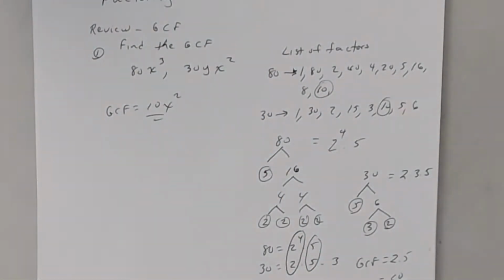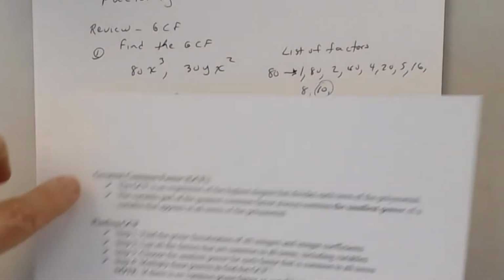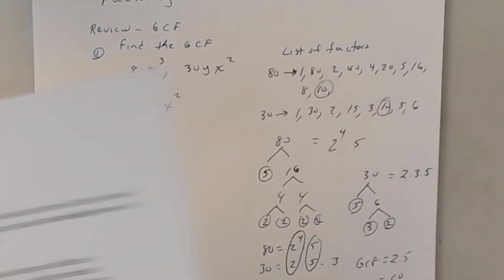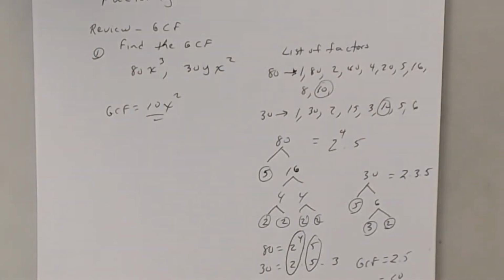So if you look at that handout I gave you at the top where it says greatest common factor. It says this, the GCF is an expression of the highest degree that divides each term of the polynomial. All right, so we haven't talked about the word polynomial yet. We're going to do that in a little while.